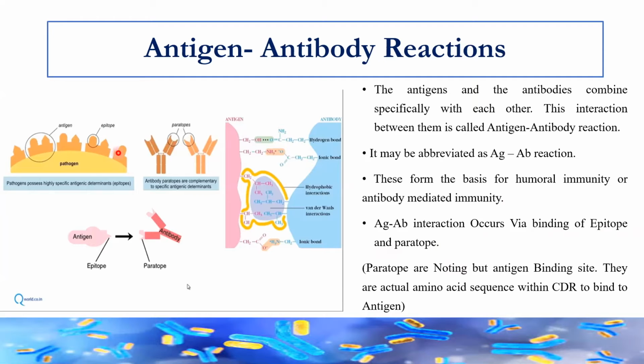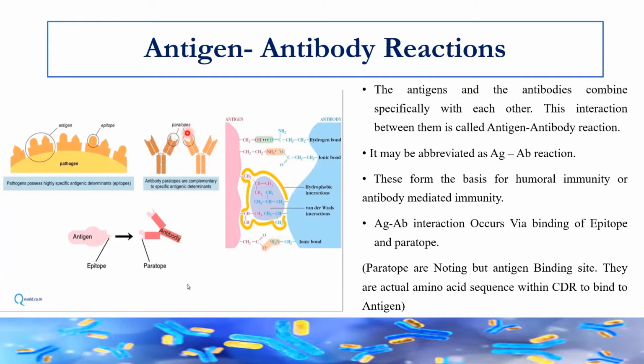Epitope we have just seen, it is a part of the pathogen, that is the antigen. Epitope is a part of the antigen. So the epitope of the antigen will react with the paratope of the antibody. Now we have not used the term paratope before. We have even seen the detailed structure of the antibody, but we have used some different term instead of paratope. Now what is a paratope?